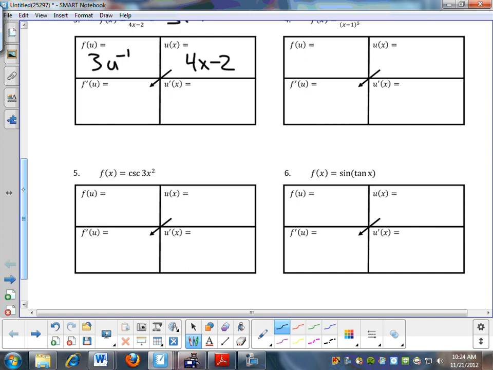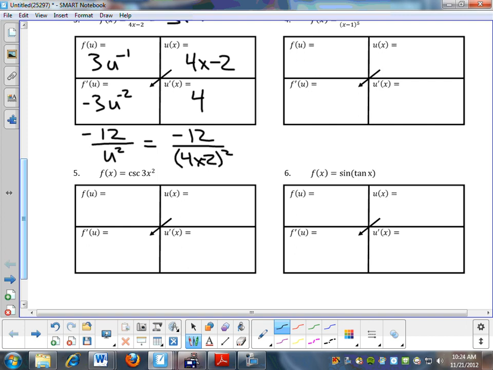What's the derivative of f? What's the derivative of u? 4. Multiply them. Negative 12 over u squared. Negative 12 over 4x minus 2 quantity squared.